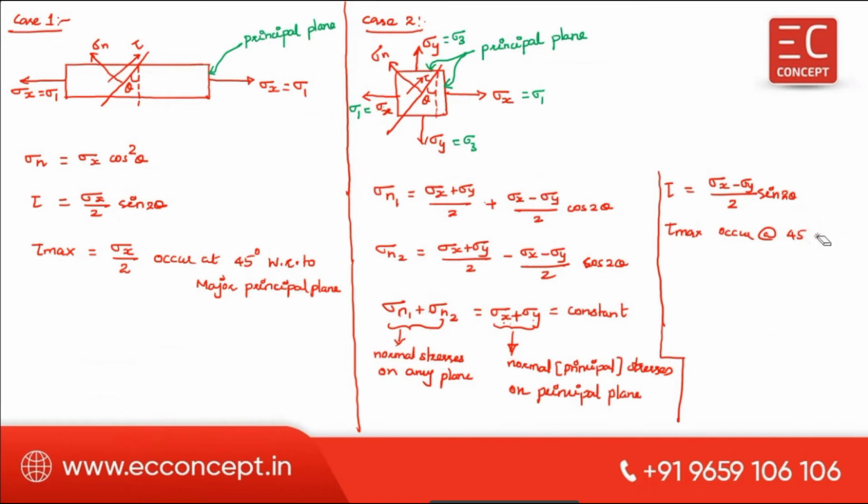or 135 degree. Okay, this tau max, which is equal to sigma x minus sigma y divided by 2, or we can write sigma 1 minus sigma 3 divided by 2, and these two are called the radius of Mohr circle.